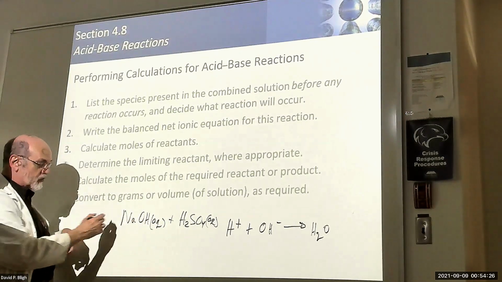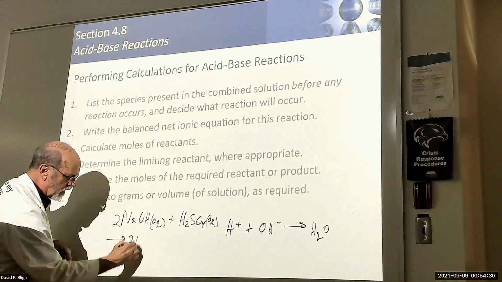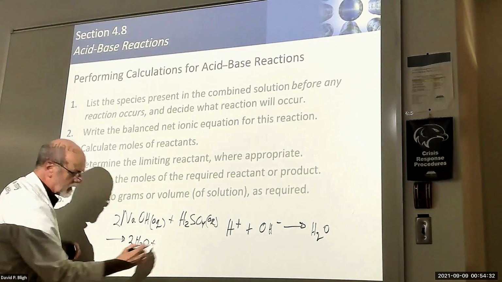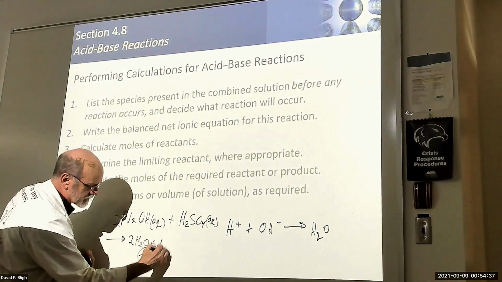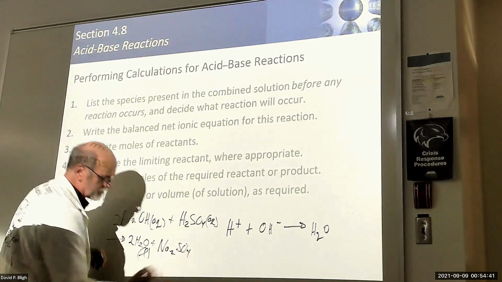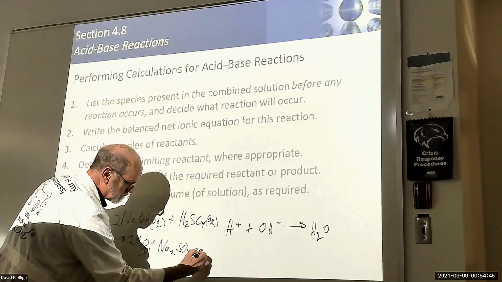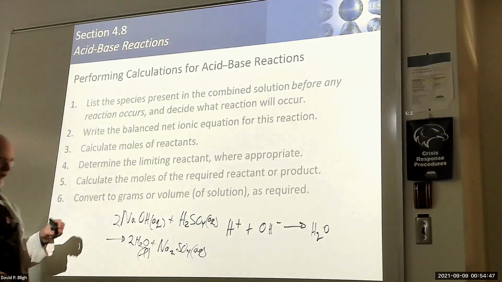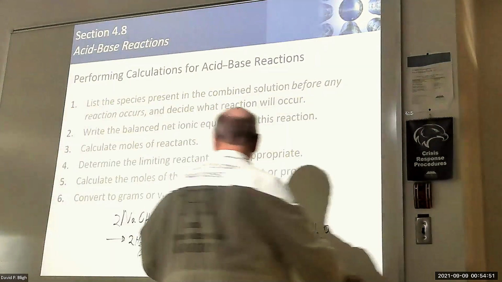So you actually need two hydroxyls to make two waters. And then this is a liquid. And this is sodium sulfate, which is also soluble. That should be balanced.